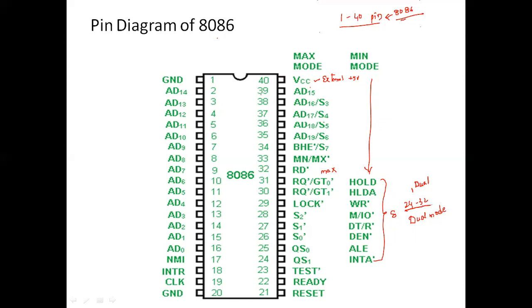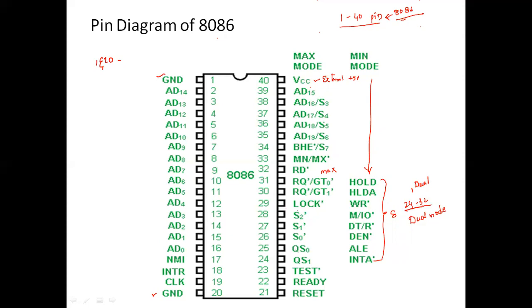Now, pins 1 and 20: pin 1 is the ground and pin 20 is also the ground. These two pins act as ground. What is a ground? This pin directs the extra current of the microprocessor to the ground.